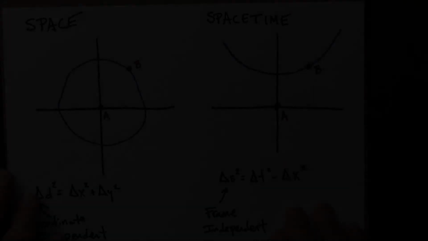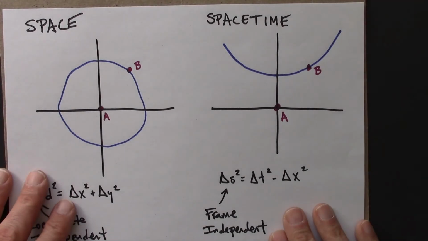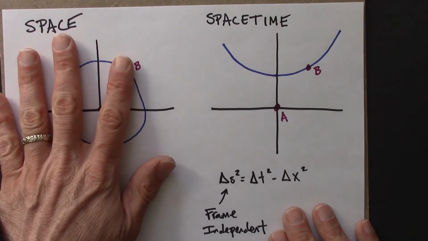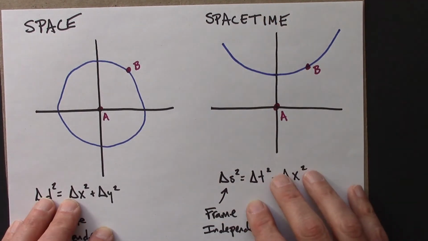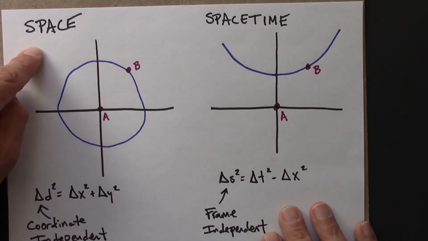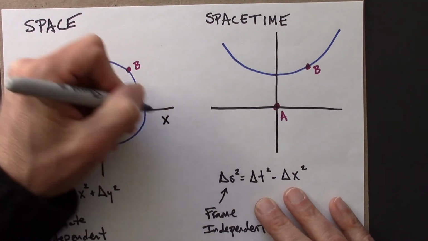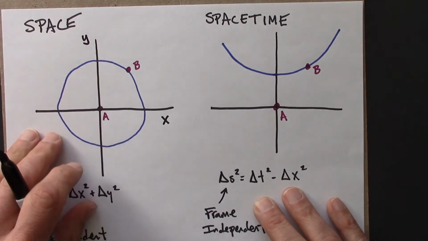So this is a way to think geometrically about what the metric equation is telling us. So let me summarize and recapitulate a little bit what's been going on. So space and space-time, let's compare and contrast. So in space, we have points A and B, and x and y. This is space, not space-time.